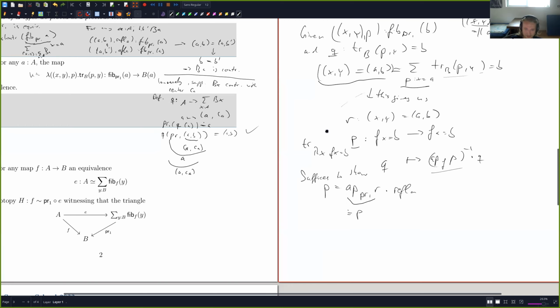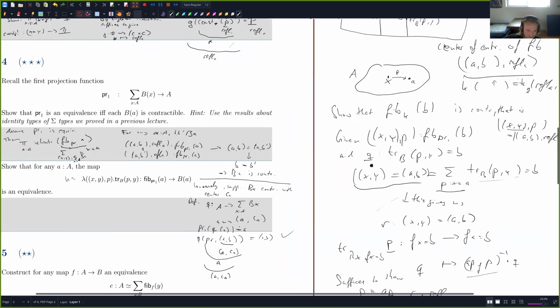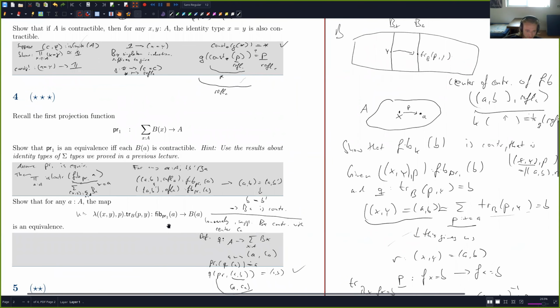So let's take a step back again. So we have those fibers over the projection, and what we just proved really shows that the fiber of the projection at some fixed element is really just, up to a homotopy, the fiber of the type family that you first considered.